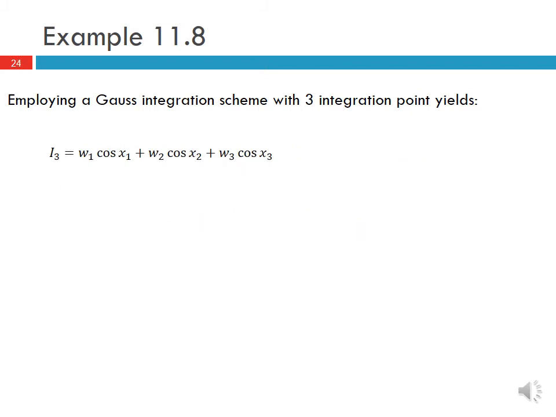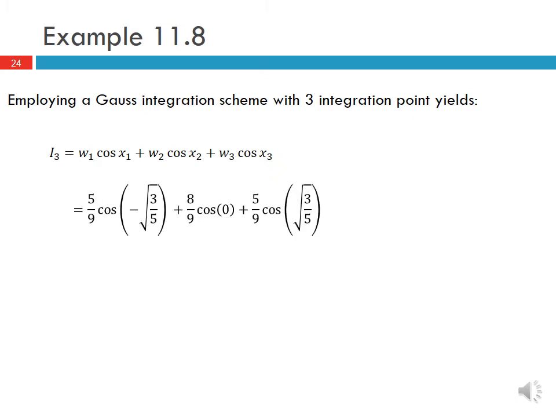With 3 integration points, we have I is W1 cos x1 plus W2 cos x2 plus W3 cos x3. Just plugging in our values of our W's and our x's, as shown here, we get the estimate 1.683, which gives us a relative error as shown here.